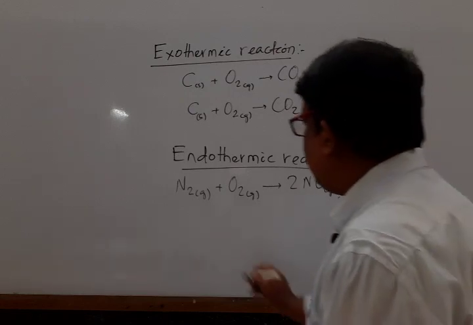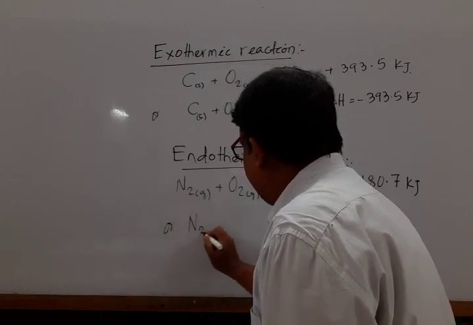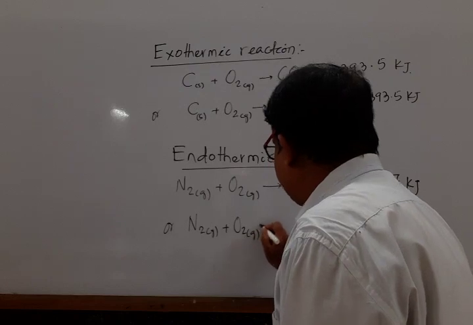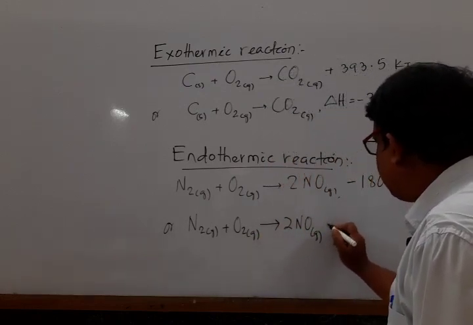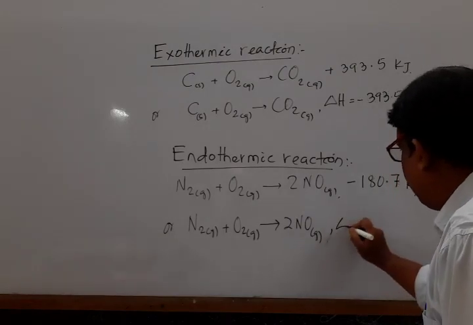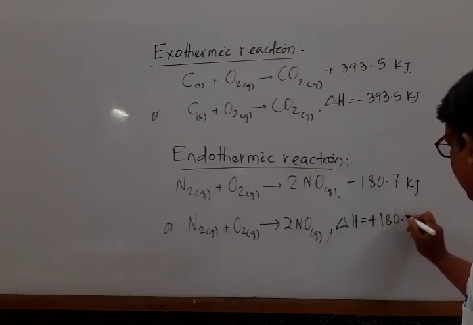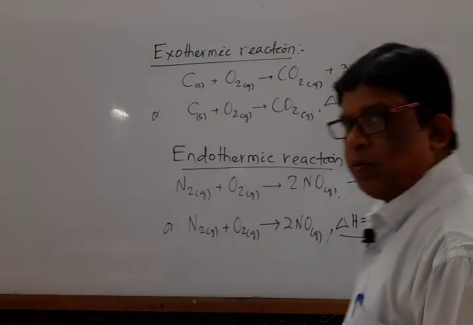This equation may also be represented as, mark that, N2 gas plus O2 gas gives rise to 2NO gas, comma, del H is equal to plus 180.7 kilojoule. Mark that, never confuse.